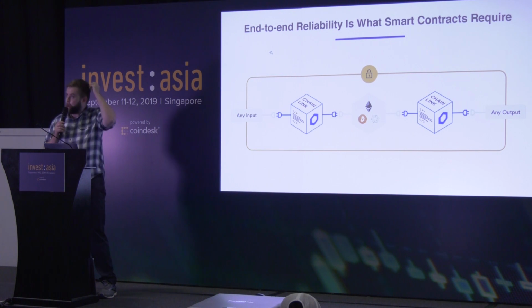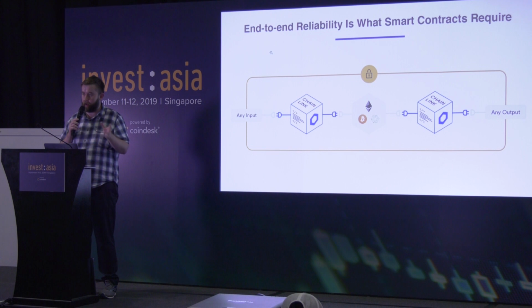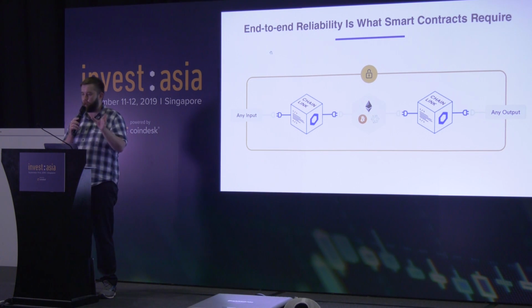Generally speaking, the thing that we've noticed from building smart contracts for about 6 years, and from building externally connected smart contracts for a large number of those years, is that what you're really doing when you're taking a smart contract and you're expanding it to interact with inputs and outputs is you're expanding what you define as a smart contract.